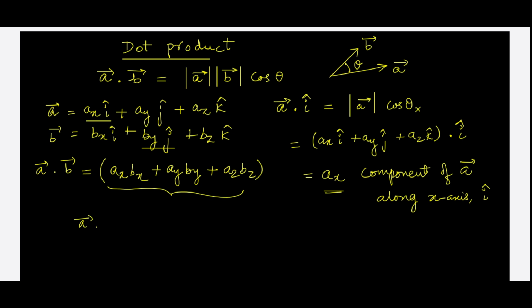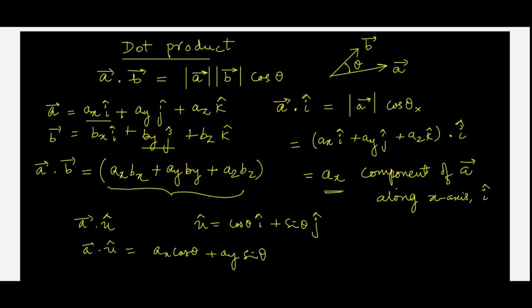So if you want a component of a vector along some u cap that you define, you find A, and let's say u cap, like we defined earlier, is cos theta i cap plus sin theta j cap, right? Now if you do a dot product between these two, this will be ax cos theta plus ay sin theta, right?